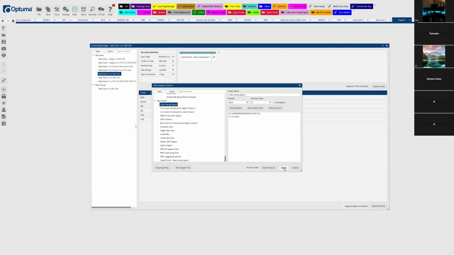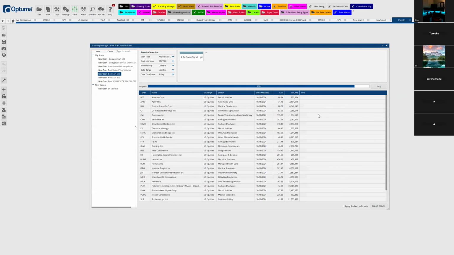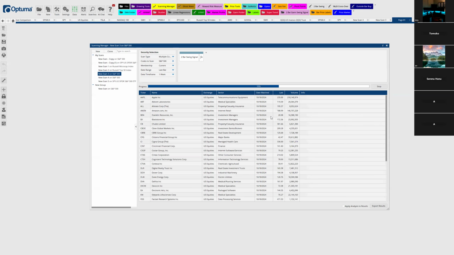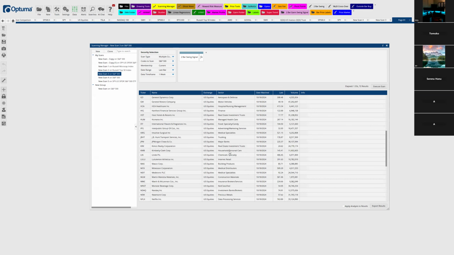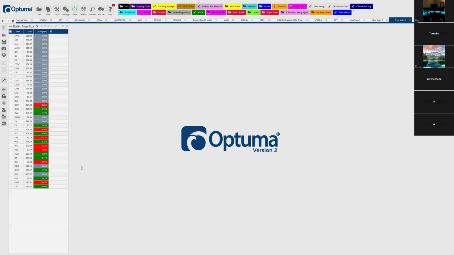This is a good one as well for the swings. These are the swings, like you have two higher bars. For the third swing, you need a third swing to turn up, right? Look at that. 72 stocks. You see how fast it scans? Look at this.